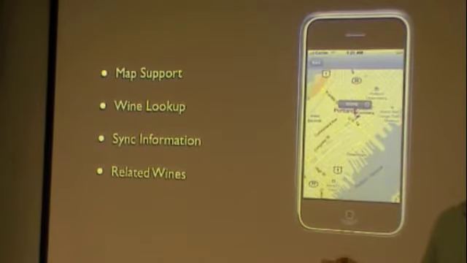Syncing the information between multiple devices. I'm probably going to pick his brain about Grail, because I hadn't seen that one. So if that's an easy way to do it, do something like that, and try to get that all talking between multiple devices. And then in the database, kind of related things that you can say, well, I like this one, what other ones did I have?